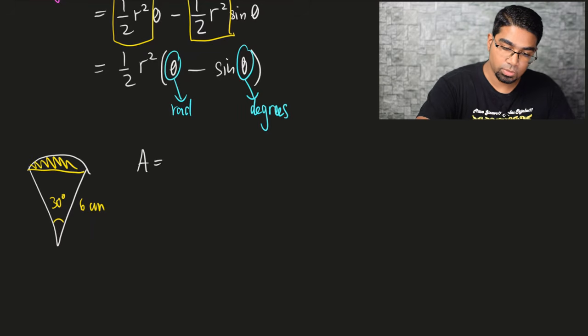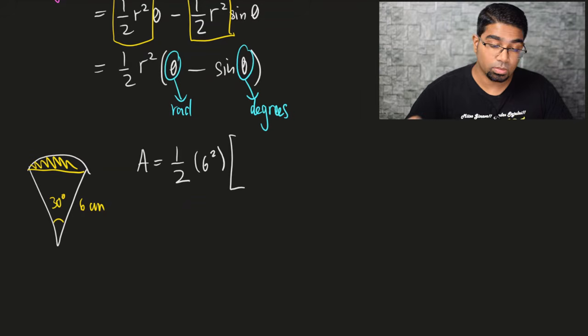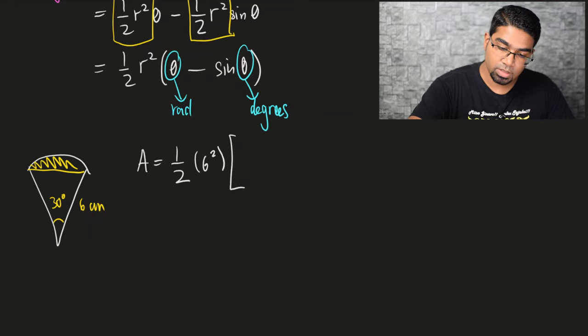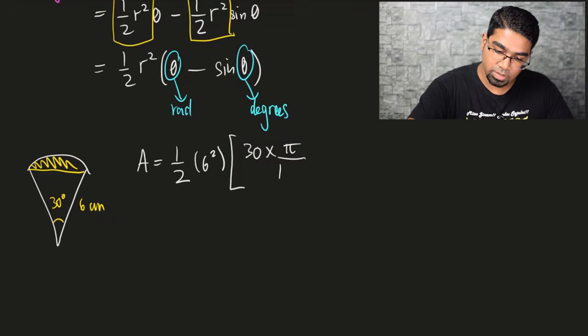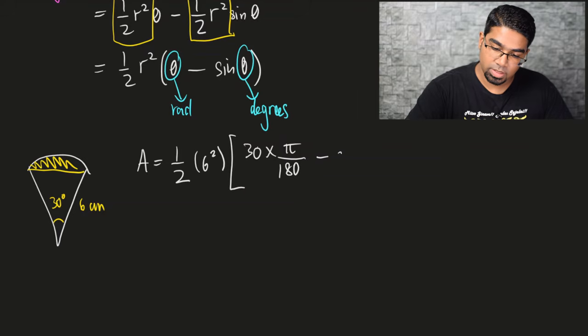Area equals 1 over 2 r squared, so we use 6 squared. Now theta, again theta must be in radians, so we have to convert 30 degrees. Use the same method we've been using throughout the video, multiplied by pi over 180. So this is theta and then minus sine of theta.